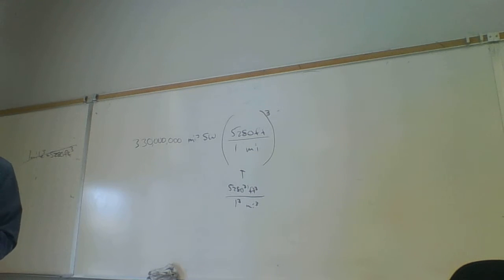Would be, what is it? It would be 14,719.7, something like that. 14 billion cubic feet per cubic mile.